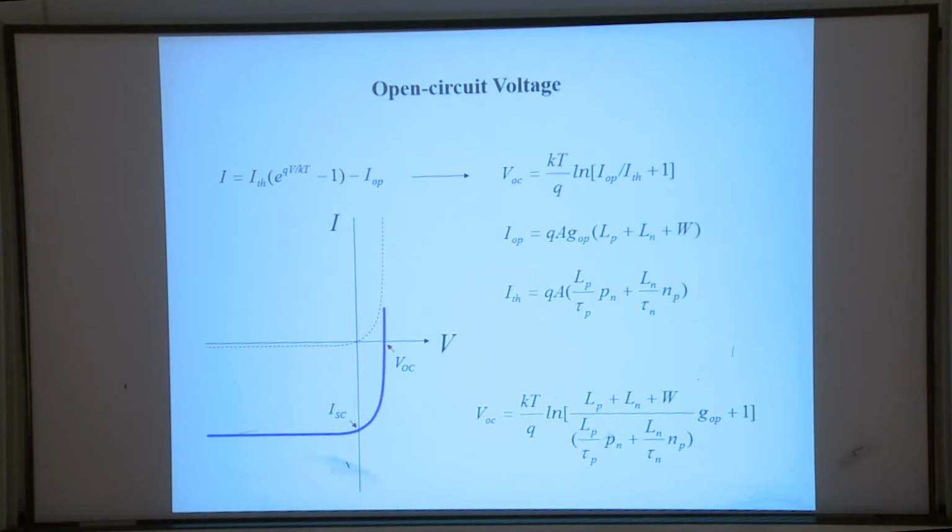And also, we should be able to get the ISC when V is equal to 0. It's even simpler. So by the equation, we can quantitatively calculate the VOC and ISC.